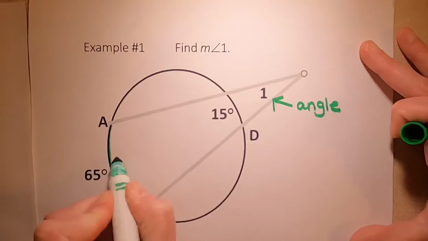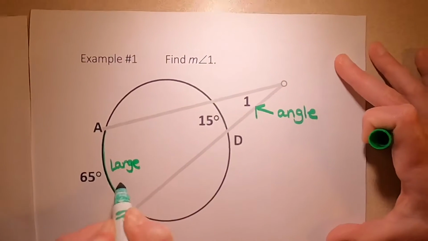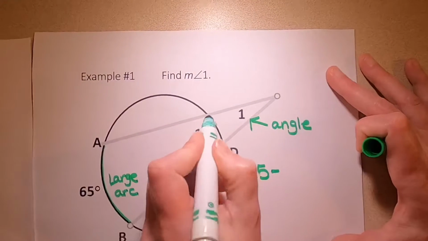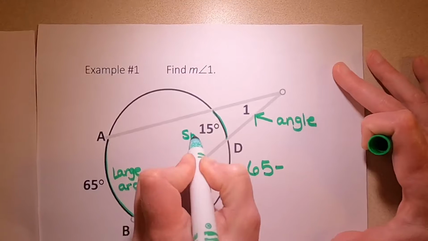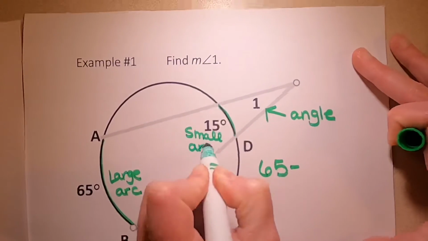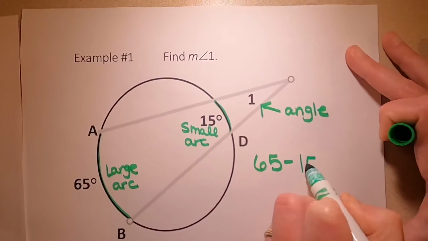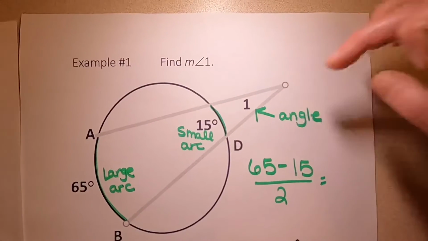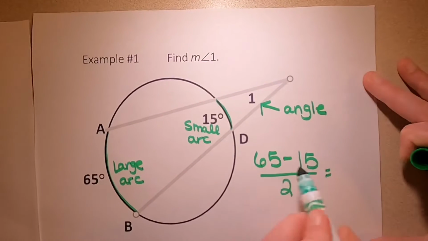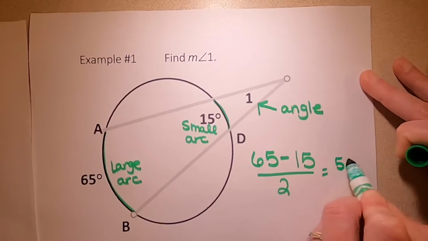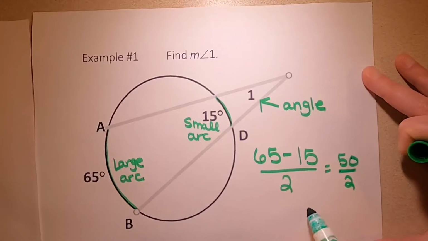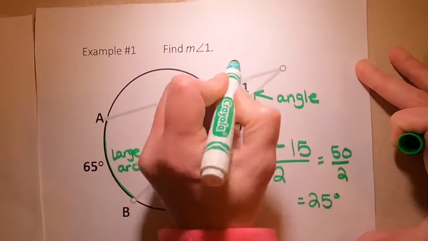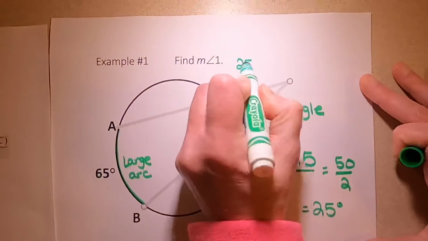In this case, the large arc is 65 degrees. 65 minus the small arc, minus 15 degrees, because that's the smaller arc, divided by 2 will give you the angle measure. In this case, 65 minus 15 gives us 50, and 50 divided by 2 gives us 25 degrees. That's how much the angle is. That is equal to 25 degrees.